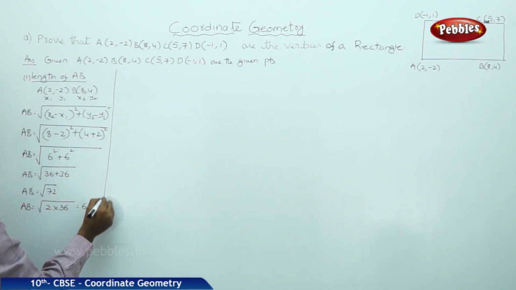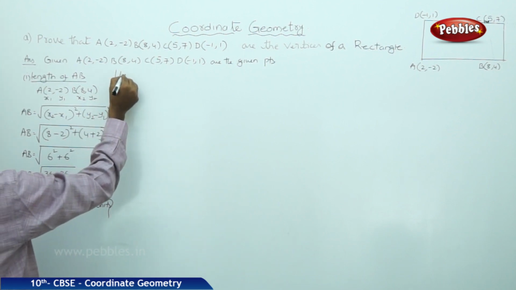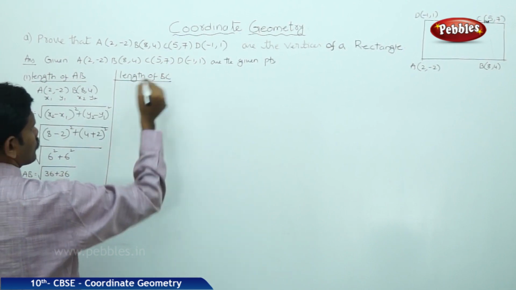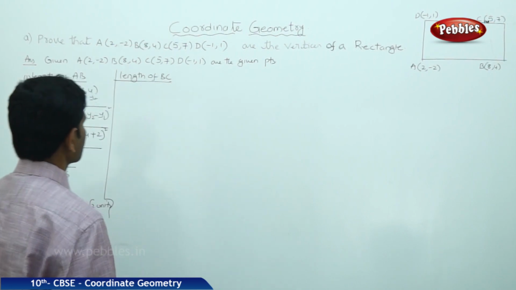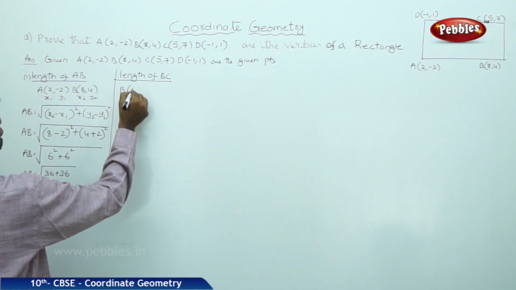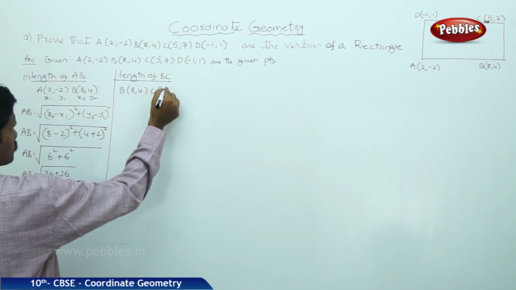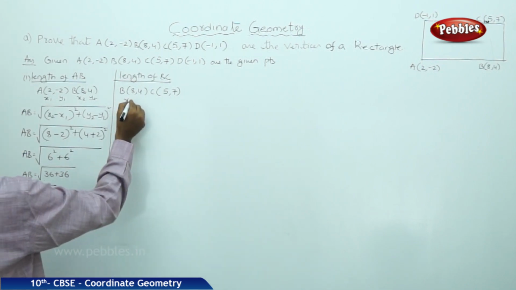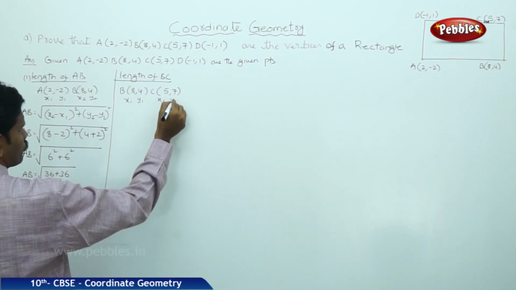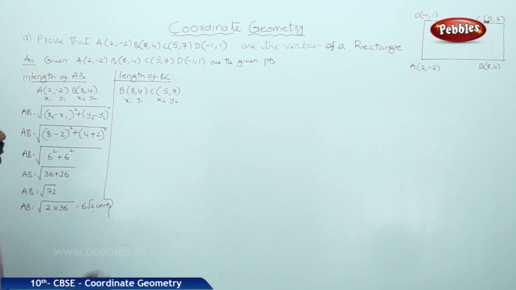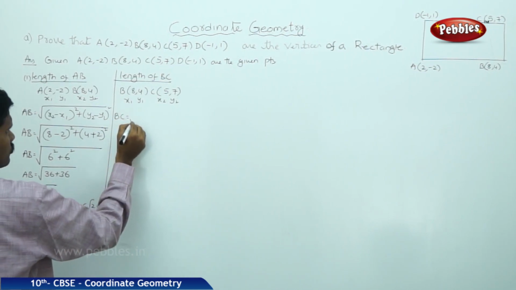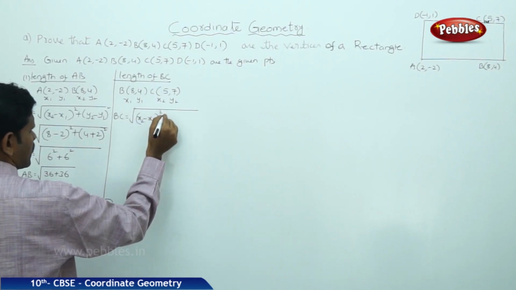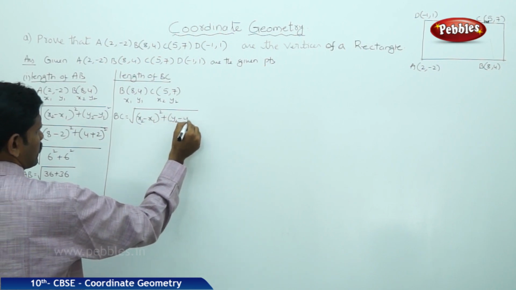Now length of BC. B of 8 comma 4, C of 5 comma 7, that is x1 y1, x2 y2. BC is equal to root over x2 minus x1 whole square plus y2 minus y1 whole square.